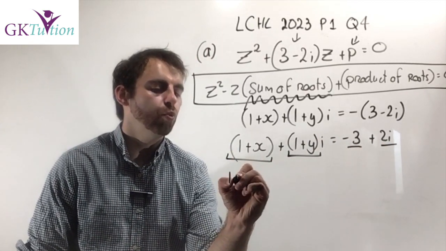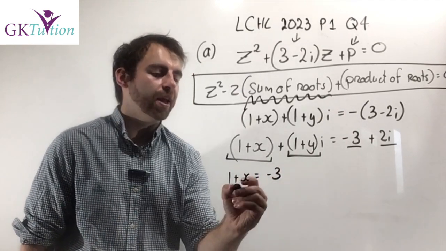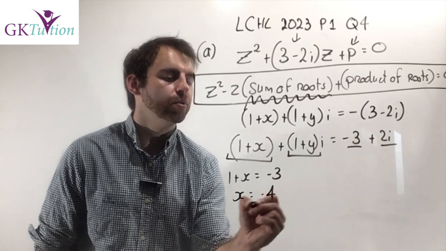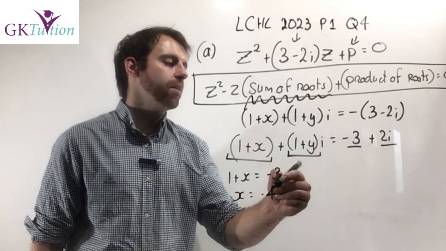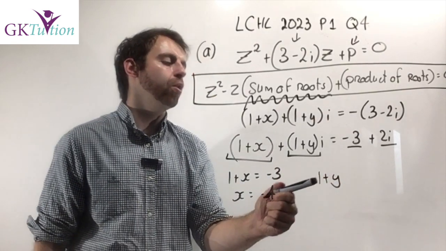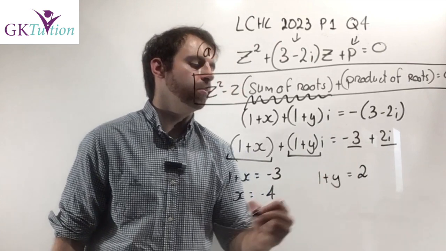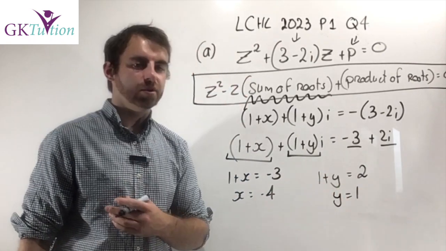So I can say that 1 plus x is equal to minus 3. And if I want to get x on its own, I'll just subtract 1 from both sides, and I can say x is equal to minus 4. For the imaginary values, I can ignore the i's and just take the coefficients. 1 plus y is equal to 2. Obviously, just subtract 1 from both sides, and I get y is equal to 1.